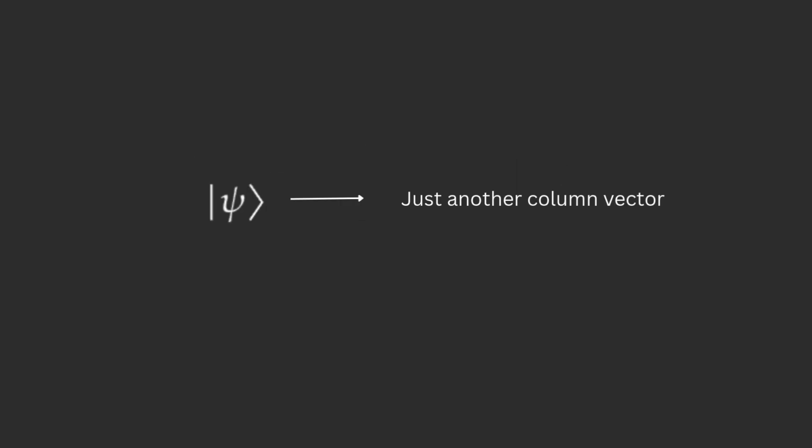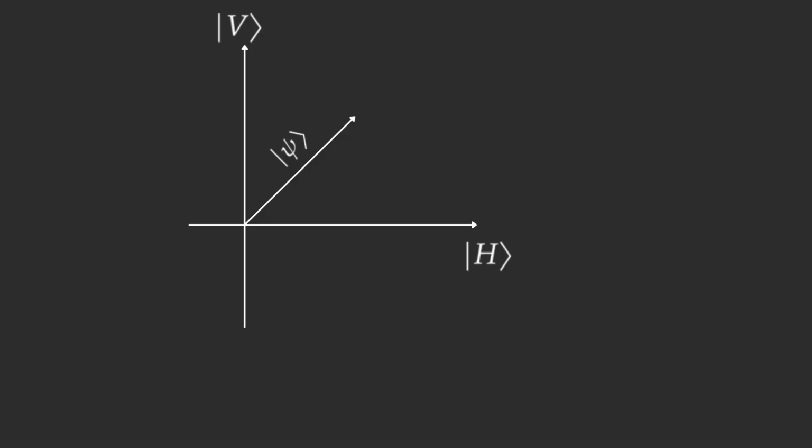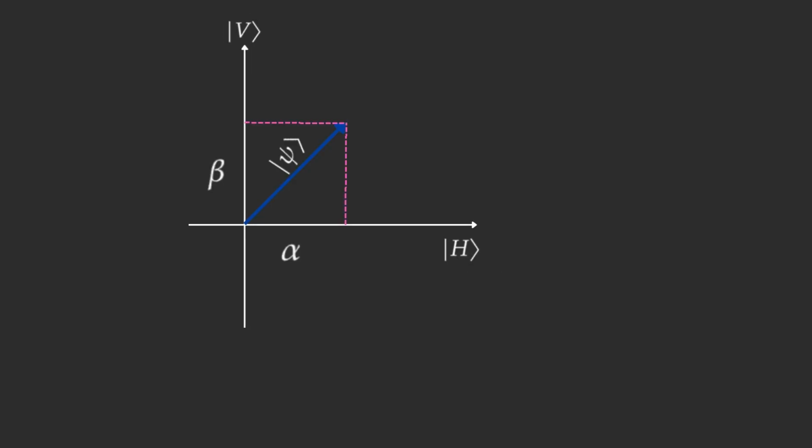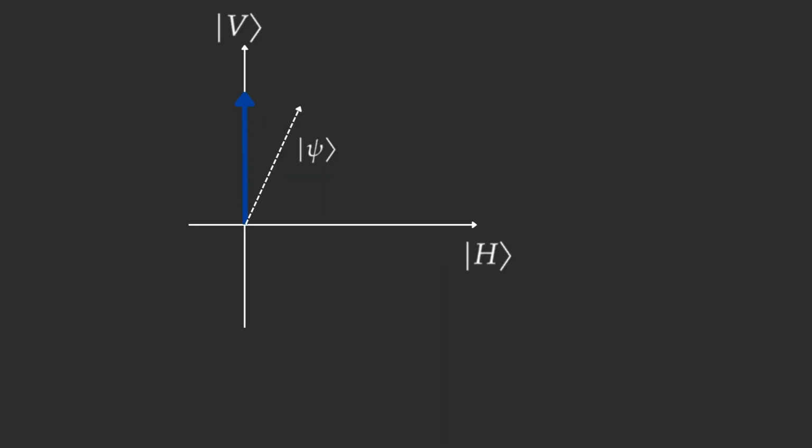Since our photon can be in any mixture of horizontal and vertical polarization, its state vector phi is a vector that lives in this 2D space. The horizontal axis is the basis state H and vertical is basis state V. It tells us how much of the system is in each basis. Here, alpha and beta are called the probability amplitudes.